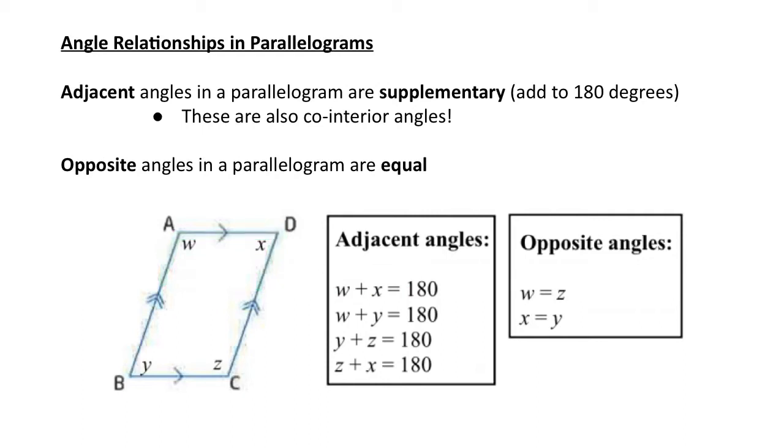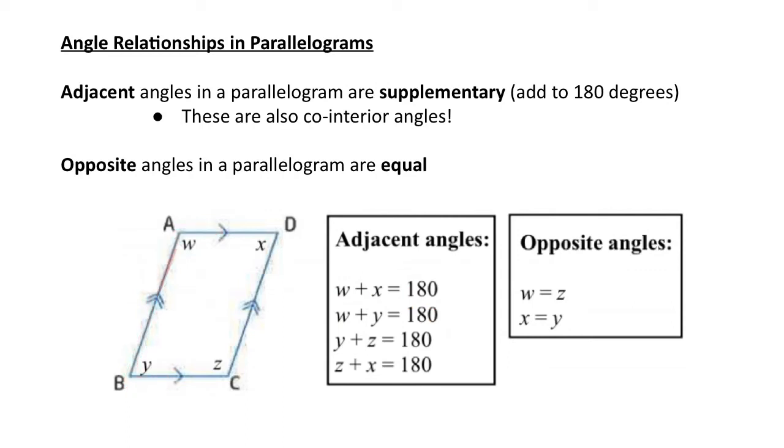We can also see adjacent angles between W and Y. So I'm just highlighting around those angles. And you can see that these ones definitely do resemble a co-interior angle C pattern. And so the angles W and Y will also add up to 180 degrees.